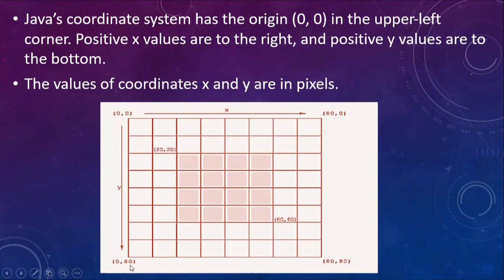The values of coordinates x and y are in pixels. Whenever you are drawing a figure, you have to specify the x and y. So when you say 20, 20, it means from the origin 20 pixels towards the right and 20 pixels towards the bottom, that is this point.